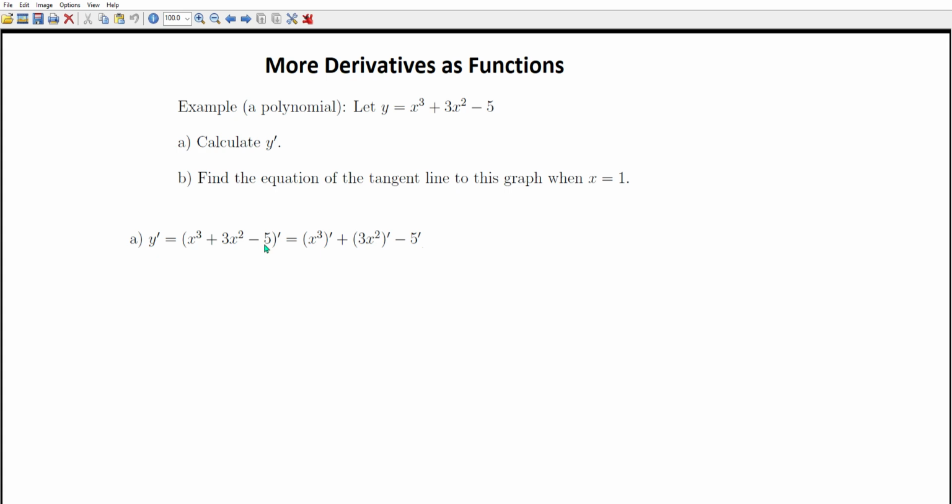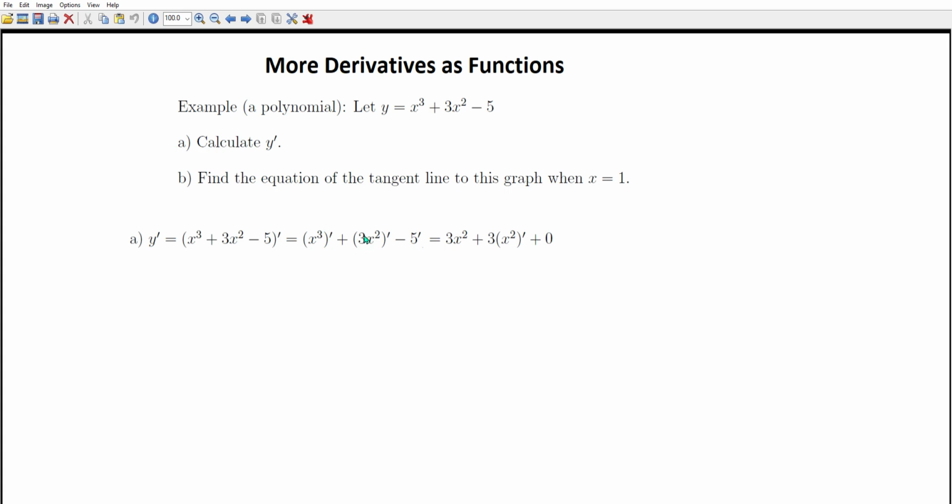Now remember that the derivative of a sum is the sum of the derivatives, and the derivative of a difference is the difference of the derivatives. So we can break this up as the derivative of x cubed plus the derivative of 3x squared minus the derivative of 5. A lot of these things we know. The derivative of x cubed by the power rule is 3x to the 3 minus 1, or 3x squared.